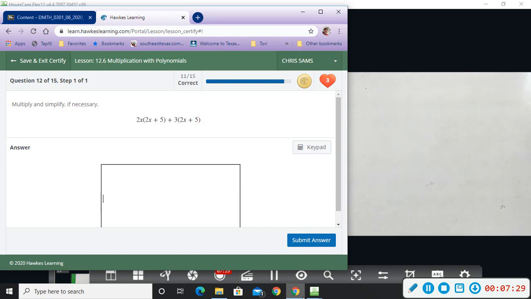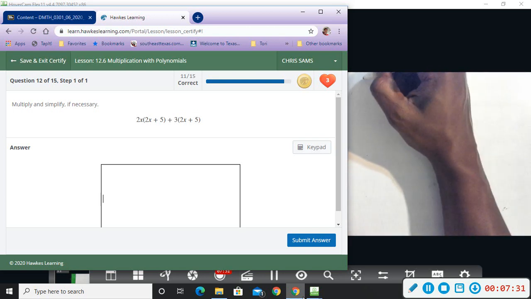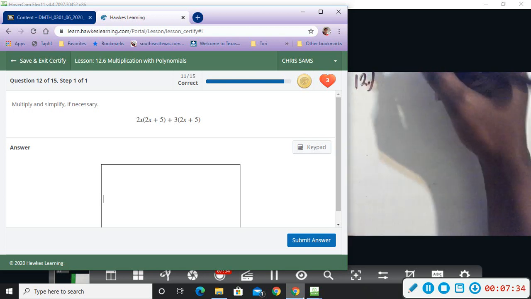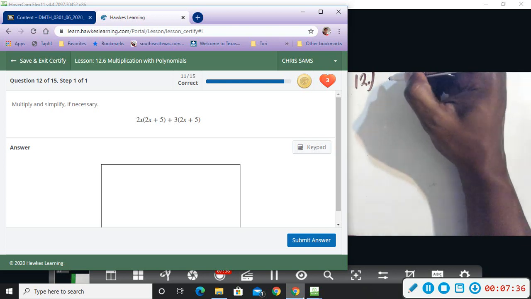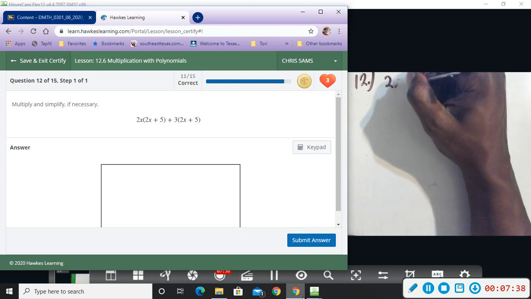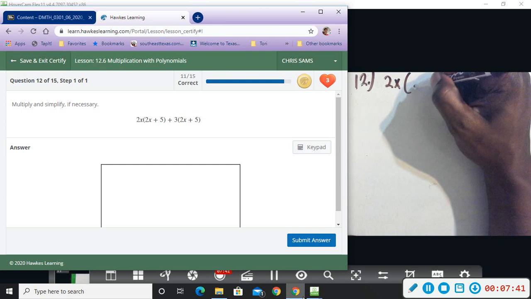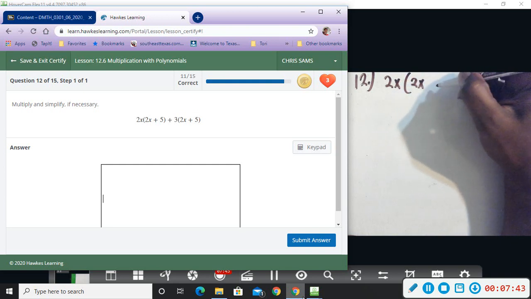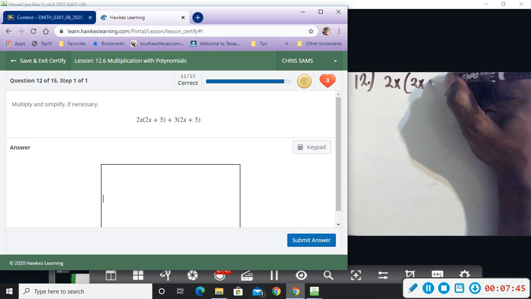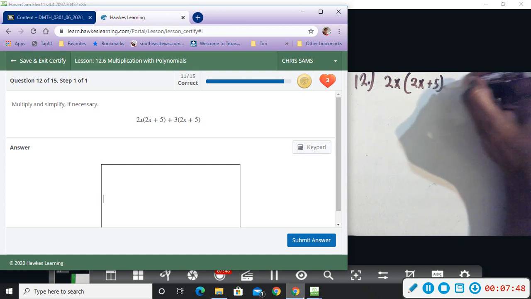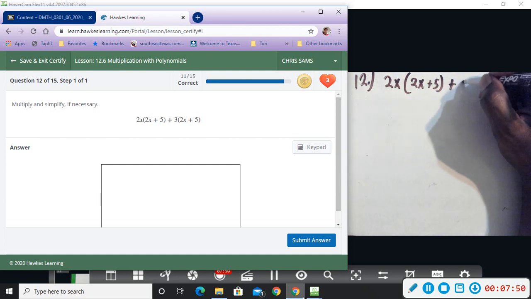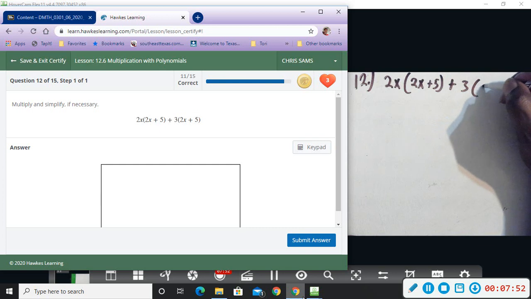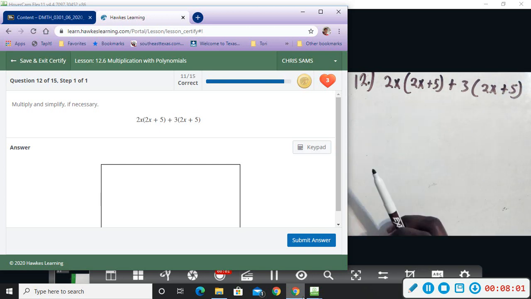Okay, number 12. We're going to multiply first, and then we're going to add these two together, combine like terms. So we got 2x times 2x plus 5, and then plus we have 3 times the quantity 2x plus 5.